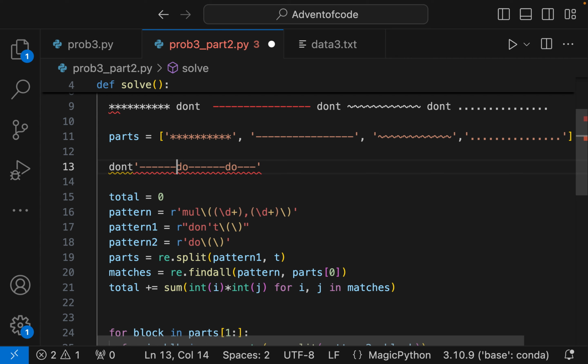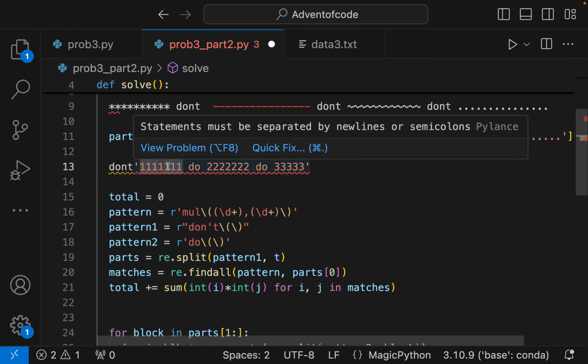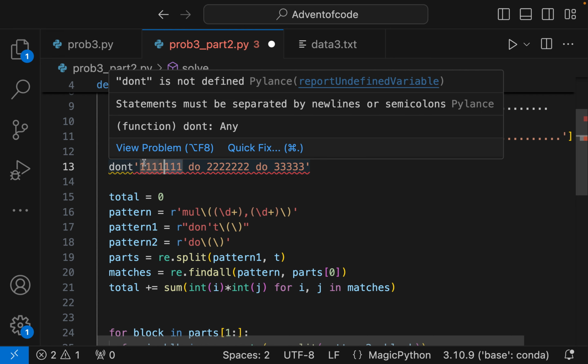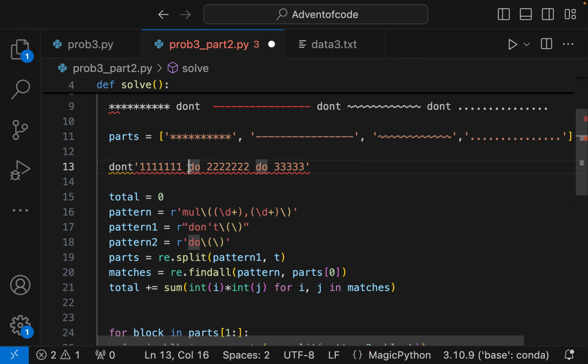Just to make it clear, I'll call these 1s, call these 2s, and call these 3s. If we split these on the do's, we can ignore this 1 part because that's behind the don'ts. But everything after, we can include. That's okay. We can include that in our total.